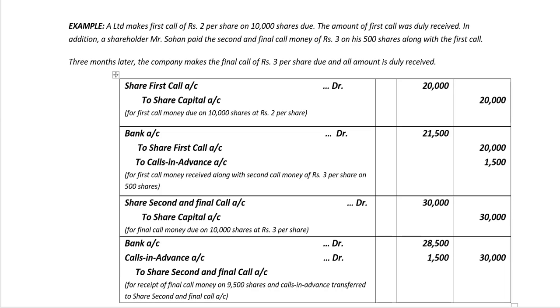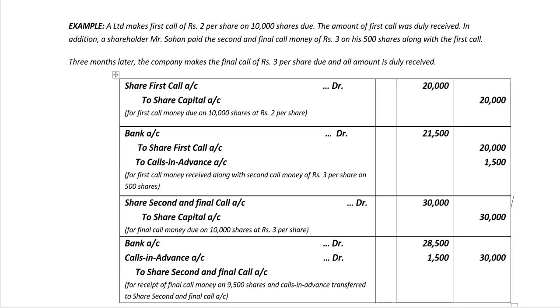In addition, a shareholder, Mr. Sohan, paid the second and final call money of rupees 3 on his 500 shares along with the first call. So Mr. Sohan has paid the final call money of rupees 3 per share on his 500 shares along with the first call itself. 3 months later, the company makes the final call of rupees 3 per share due, and all the amount is duly received.